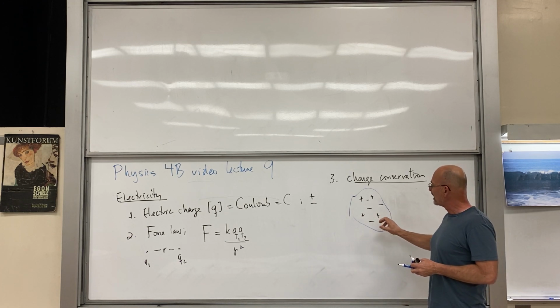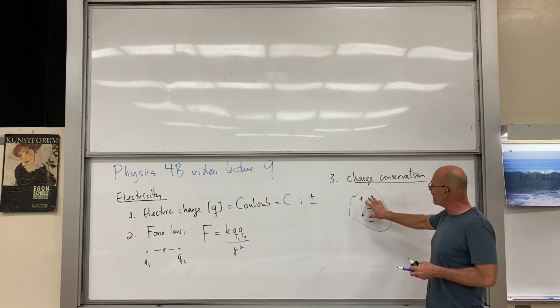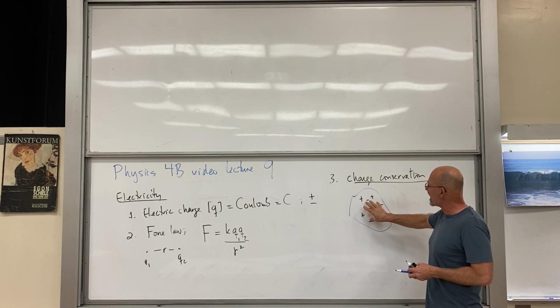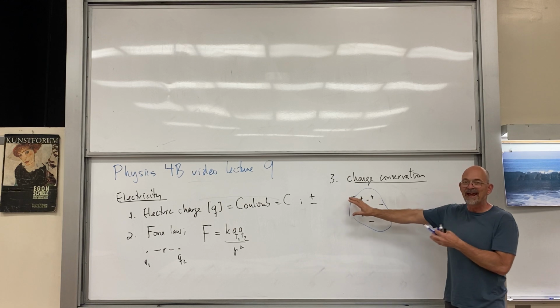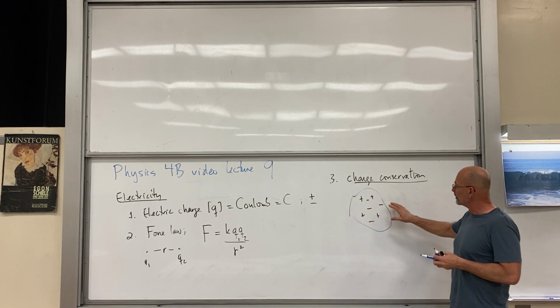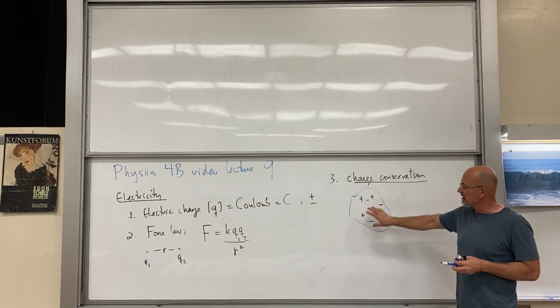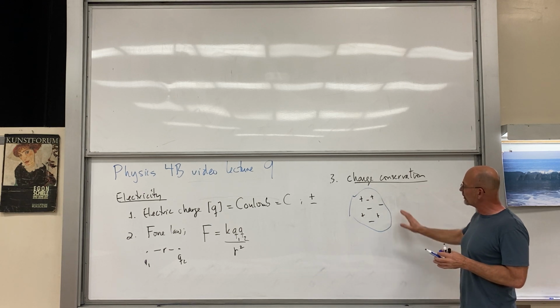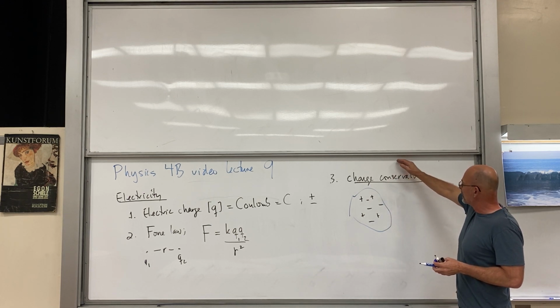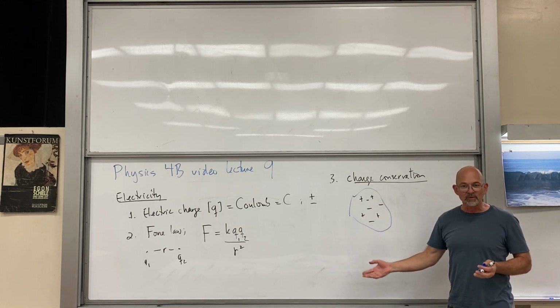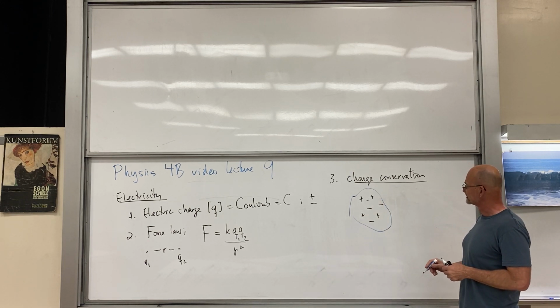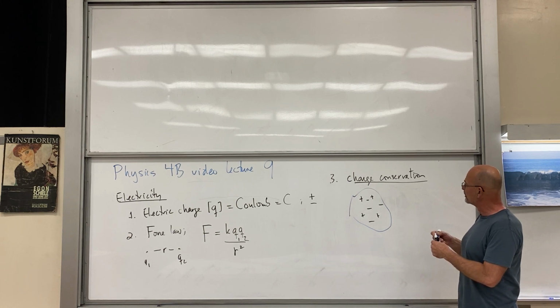So it's possible to remove some minuses from this body here, and then it will have a net positive charge, but we won't have created any charge. We'll have just moved some around. So we can imagine charge conservation, and we'll assume the total charge is 0 net charge. So that's one important principle.